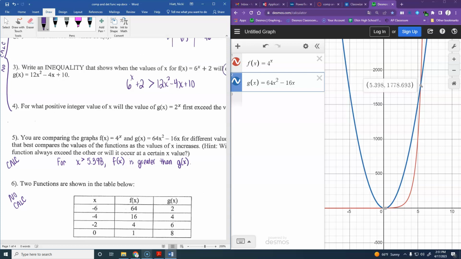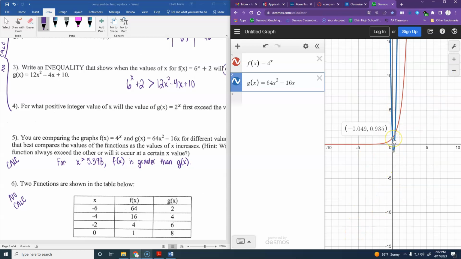Now, this problem is a little bit weird because there is actually one other time that also happens. When you're zoomed out like this, it looks like these just barely touch, but we know they actually cross because when we were at our home screen we could see it. If I go back here, that also happens here.